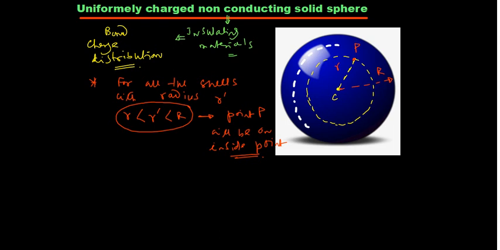है ना? देखो, अब यहाँ पे when I am taking this shell, इसका रेडियस कुछ भी मान लो आप. Suppose it has radius r prime. तो आपको क्लियरली दिख रहा है कि यहाँ पे जो रेडियस है that r prime is basically greater than small r, but r prime is less than capital R. दोनों के बीच में है. So now if we think about this point P, for this shell it is an inside point only, no?